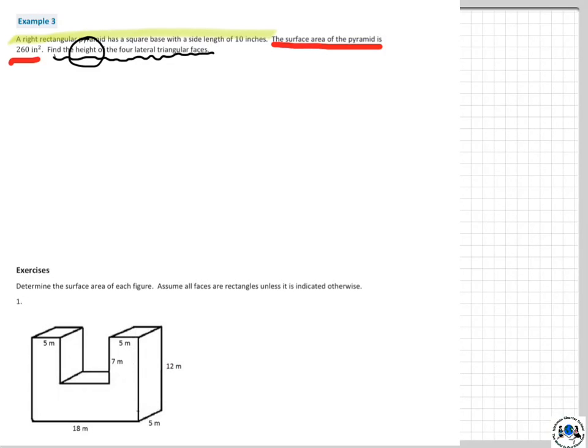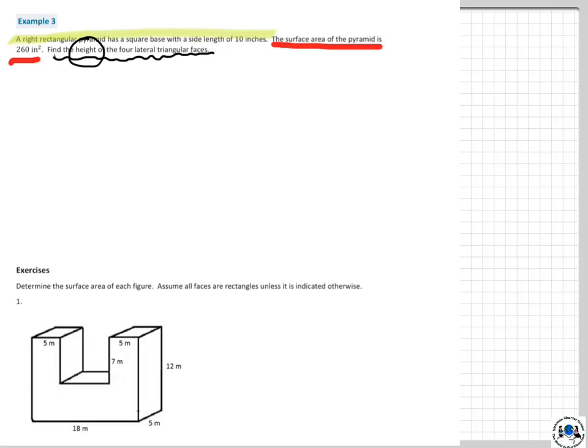That is the only measurement we need as our answer. Of course, we're going to need to do other things to get that answer, but as far as an answer is concerned, you need to pay attention to the fact that that is what is being asked, nothing else. So at the end, we're going to have height equals whatever.